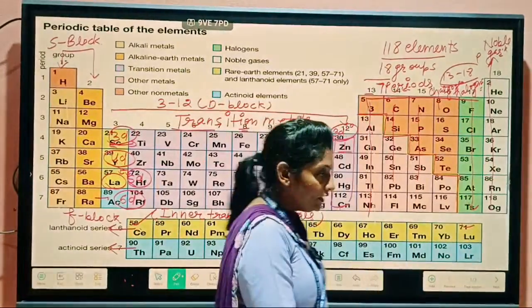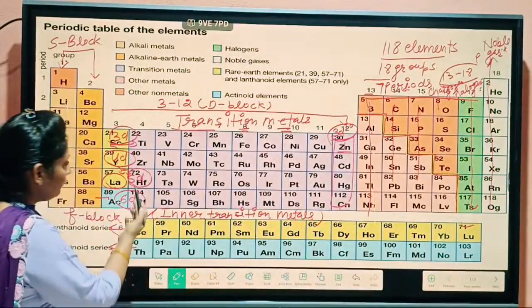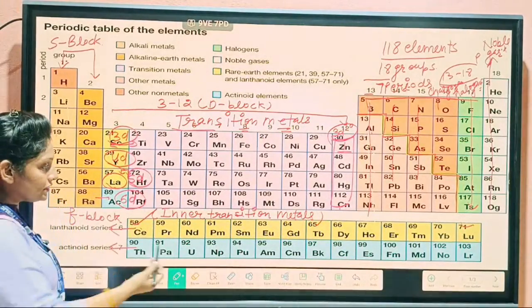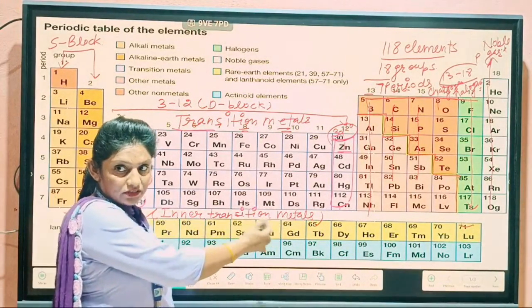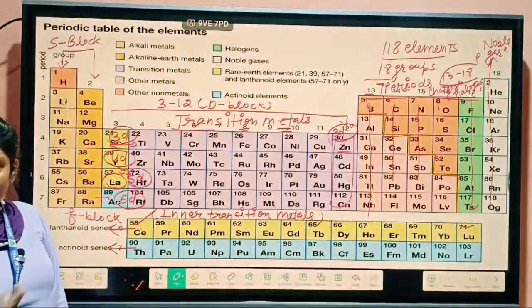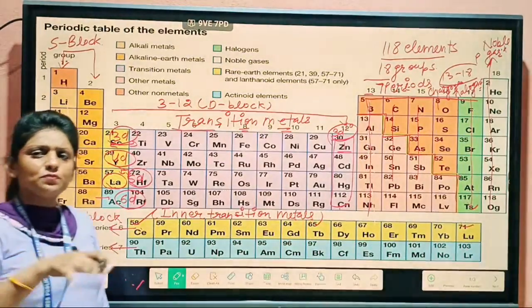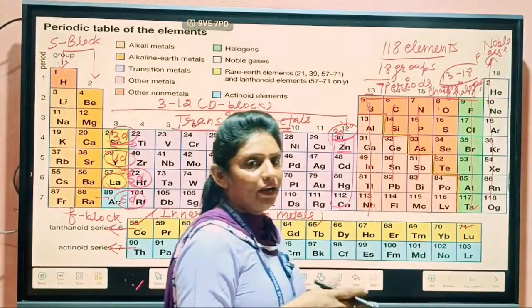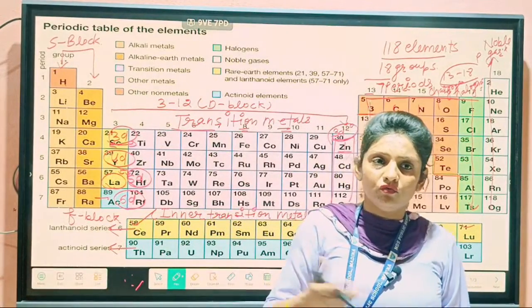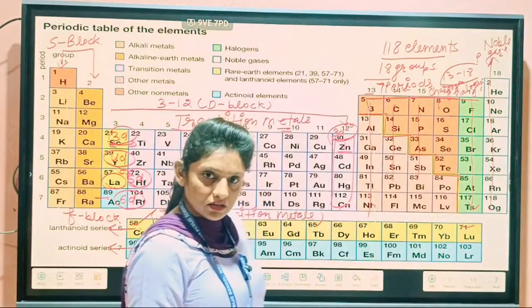Clear or not? Students, it is included between the transition series, so it is known as the inner transition metals. They are known as the inner transition elements, we can say, because most of the elements are metallic in character here. So we say metals. Clear or not?